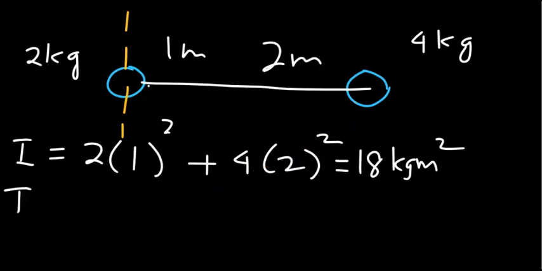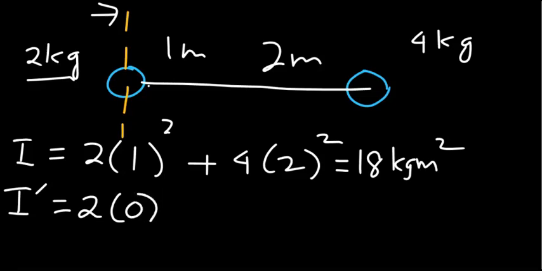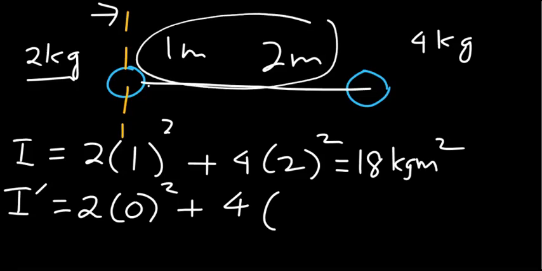So the new moment of inertia of the system about that axis, let's call it I prime, equals that 2 kg times the distance between the 2 kg and the axis of rotation, which in this case is 0 squared, plus the other contribution comes from the 4 kg object, 4 times now the new distance between that 4 kg object and the new axis of rotation, which is 3 meters, so 3 squared.